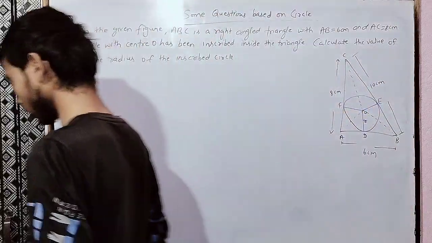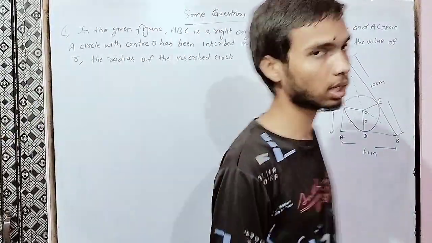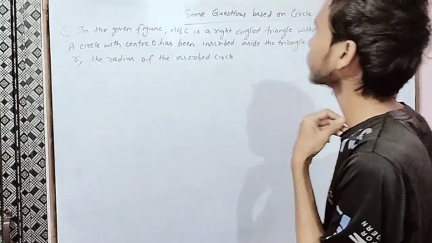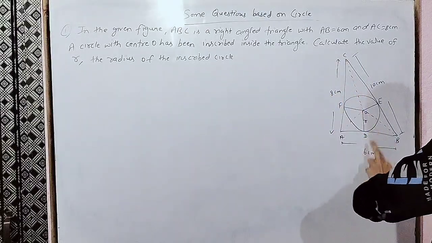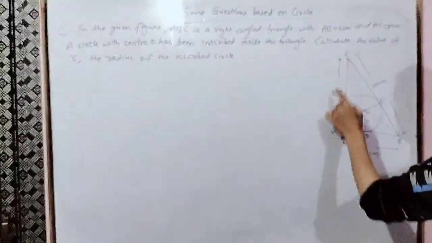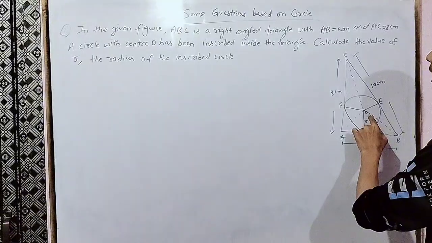Now we have this given figure. What is the question saying? In the given figure, ABC is a right angle triangle with AB as 6 centimeter and AC as 8 centimeter. A circle with center O has been inscribed inside the triangle.